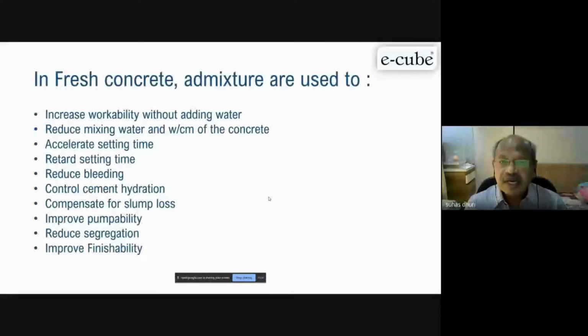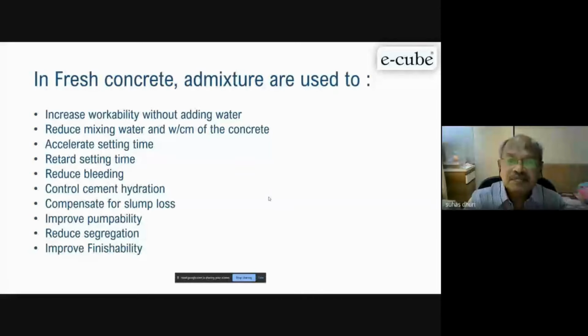To take care of that, I can add admixture. I'll get the desired flow and workability, very easy to compact, very easy to pump and finish. So that is the major advantage of using admixture, but an appropriate admixture. We'll discuss what things are to be done.